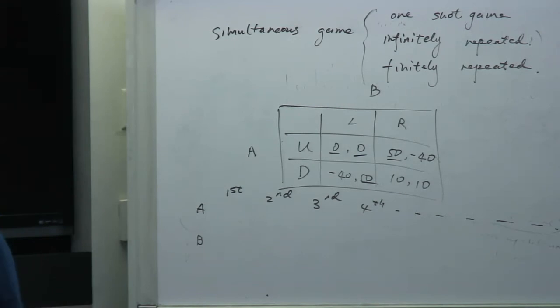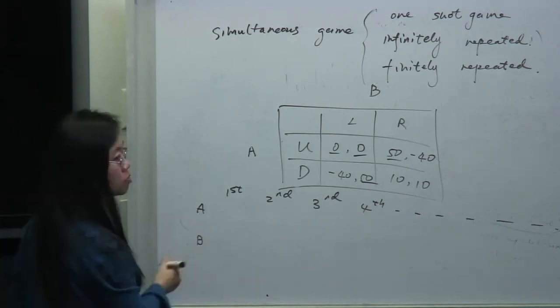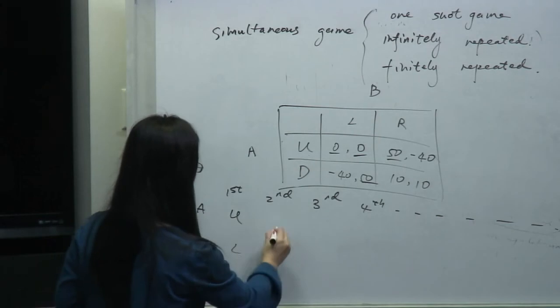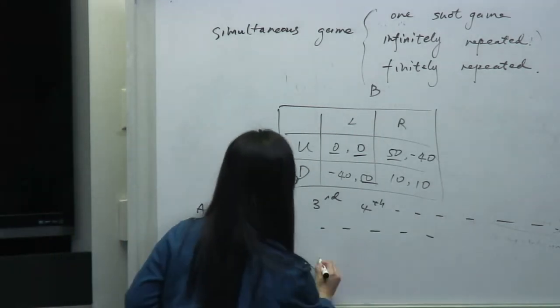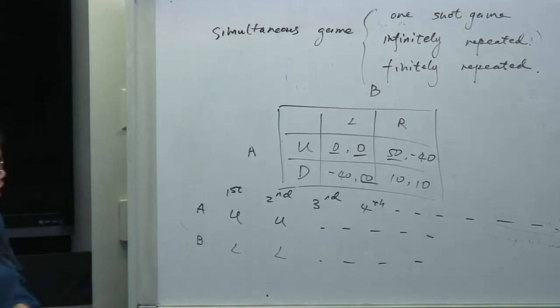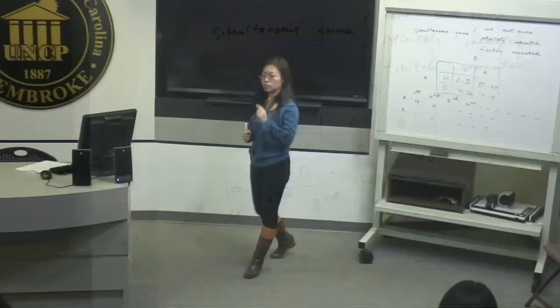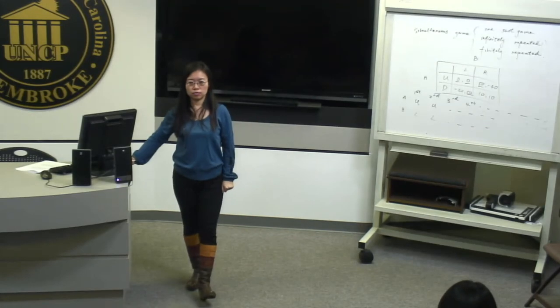What is it? UL. A plays U forever, B plays L forever. Is it a Nash equilibrium? Yes.